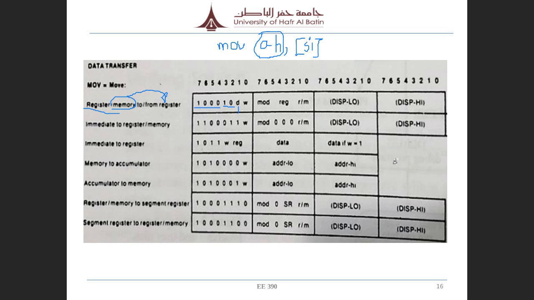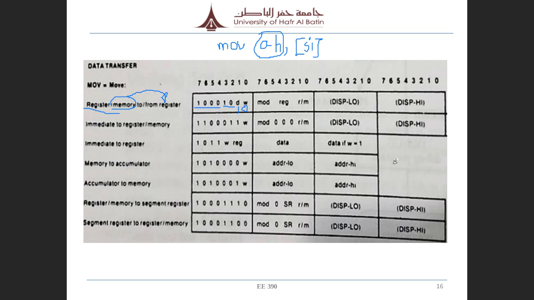And what about the W? Is it an 8-bit operation or 16-bit operation? Look at here, our register is 8-bit, so definitely it will take one memory location of data. So W is 0. So that means the first byte is complete.